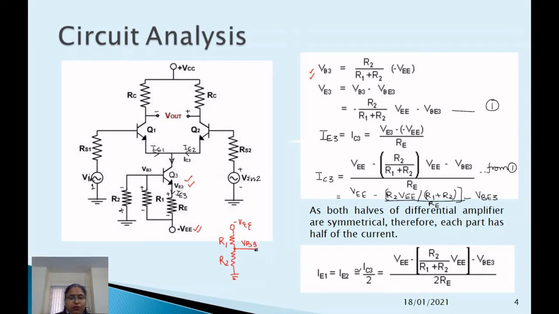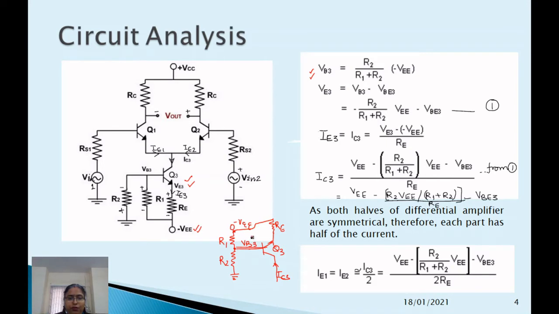Here we write VB3, and this is connected to transistor Q3. The collector is going towards IC3, coming from the emitters of the differential amplifier transistors, and the emitter of Q3 is connected to RE, and the other end of RE is connected to VEE.